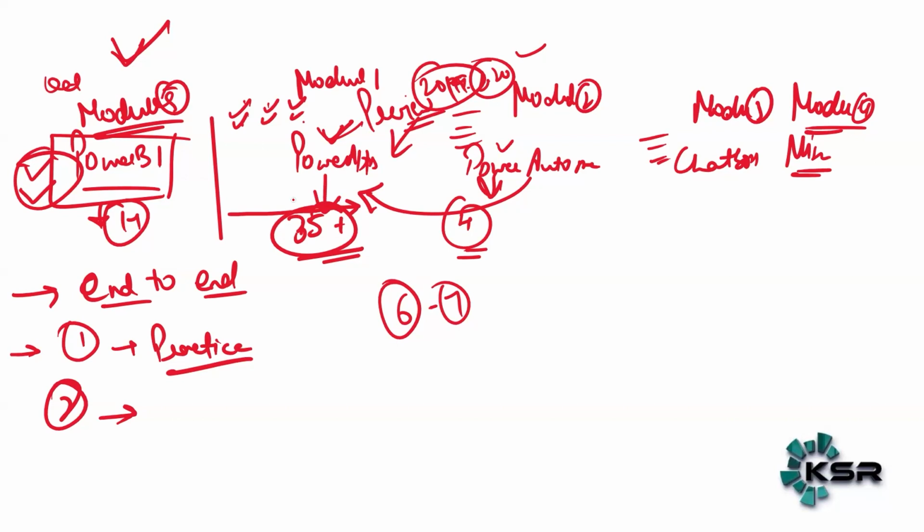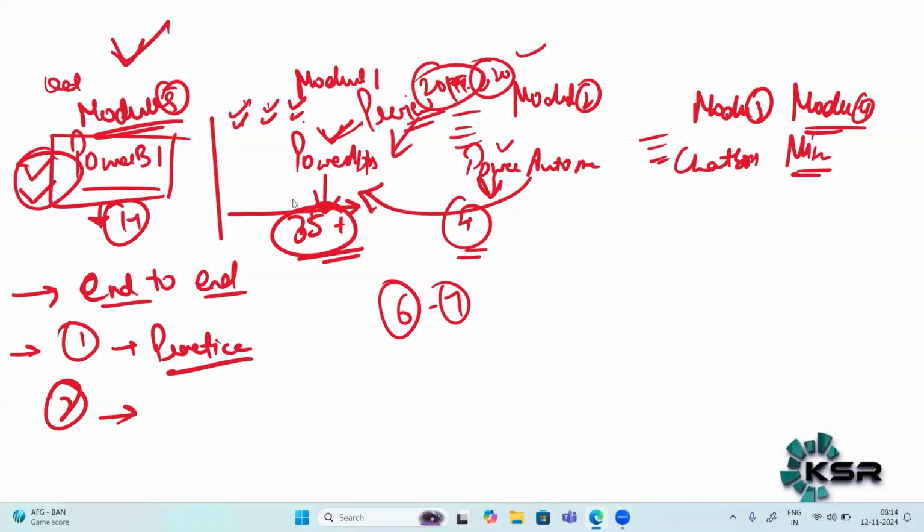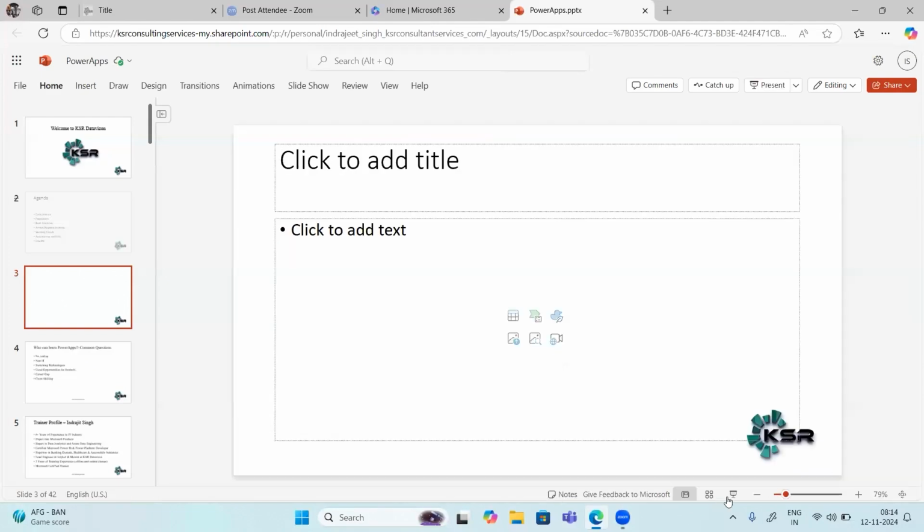Now for this, let me explain what career opportunities you can get out of it, and then this question will be clear. Power BI, right? If you know Power BI, you can add some skills.